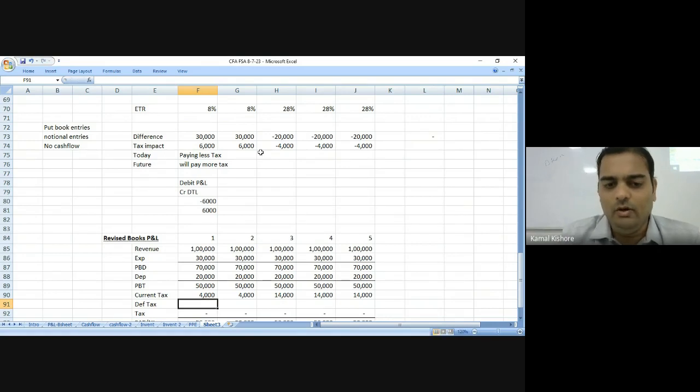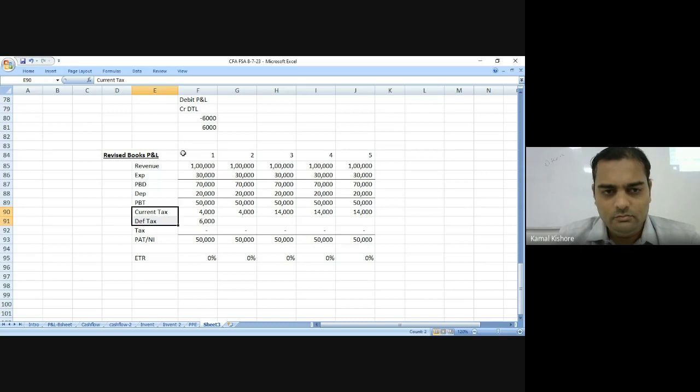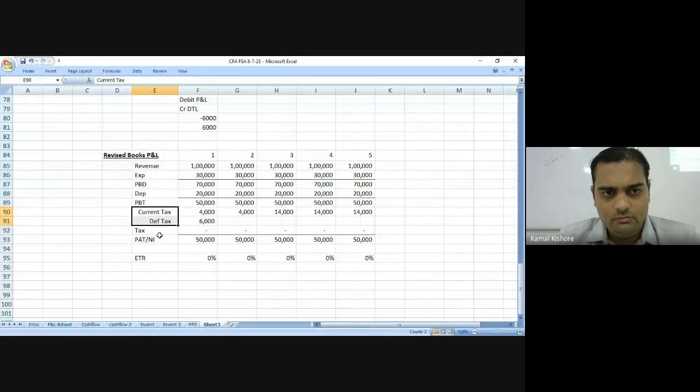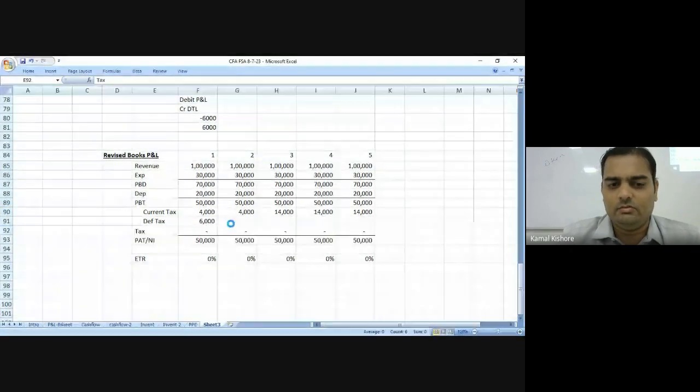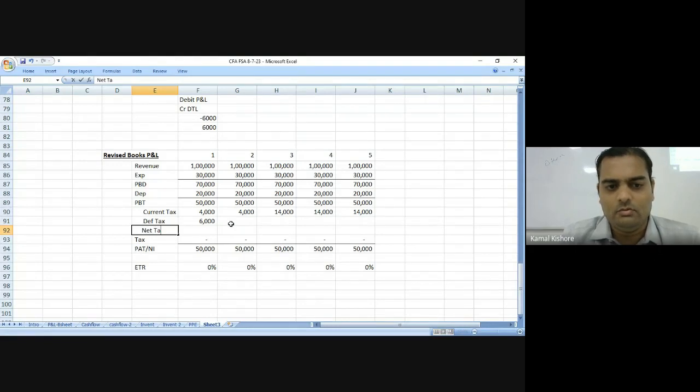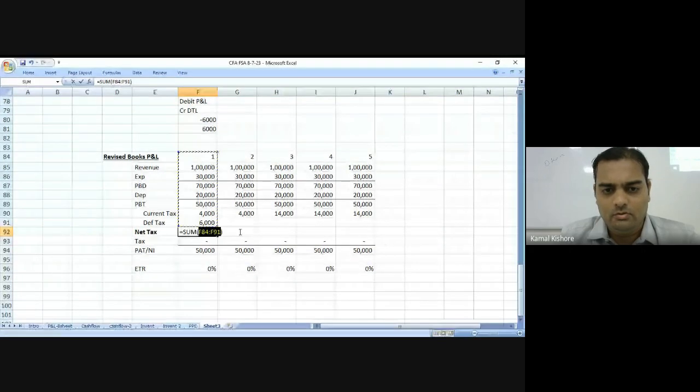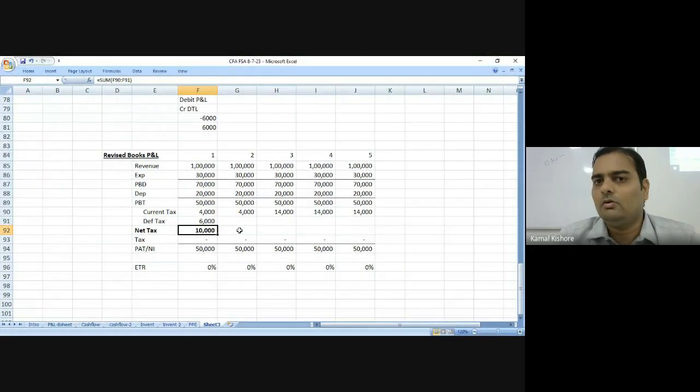So this will increase. Total tax is how much?